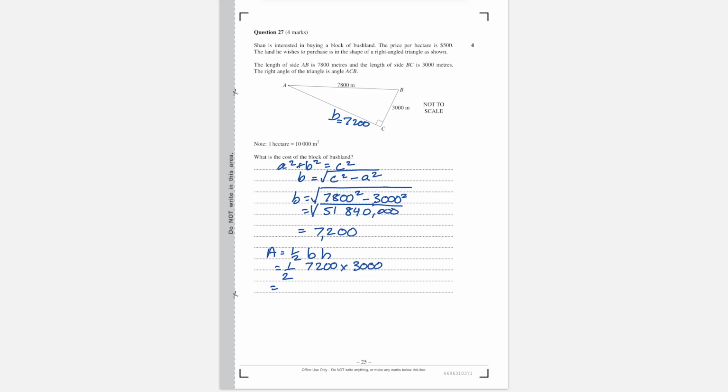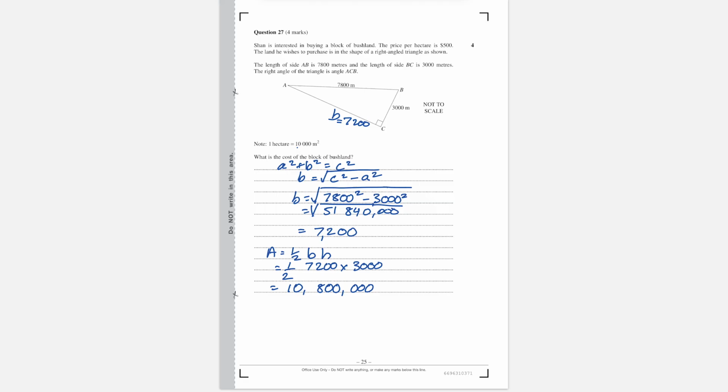All right, so just multiplying that together, 7,200 times 3,000, and then dividing it by 2, we have 10,800,000, that big long number. So that's what our area is.